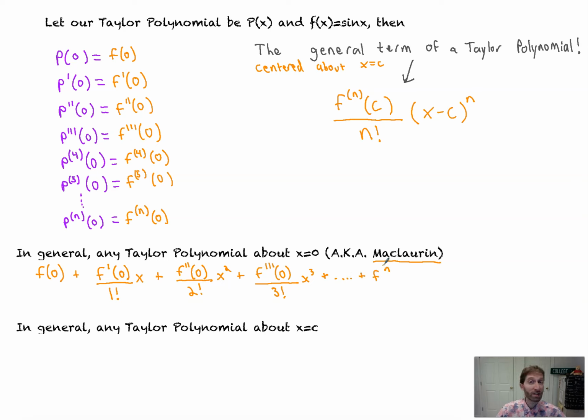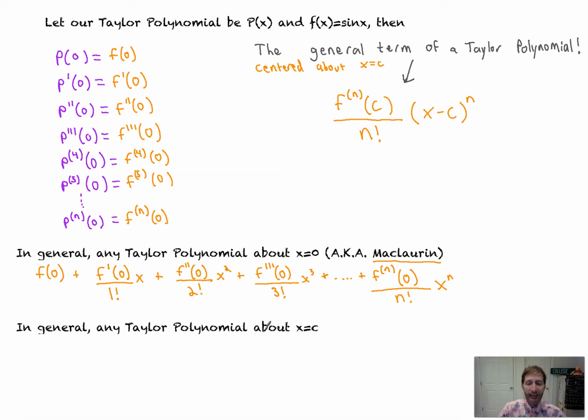So you see how this has a lot to do with the series we studied in the last chapter. So that's the nth derivative, evaluated in this case at 0, all over n factorial, times x to the n. So n, 3, 3, 3, 2, 2, 2. Just a nice way to memorize it, not necessarily to understand what's going on or why it's happening, more on what and why in a little bit.